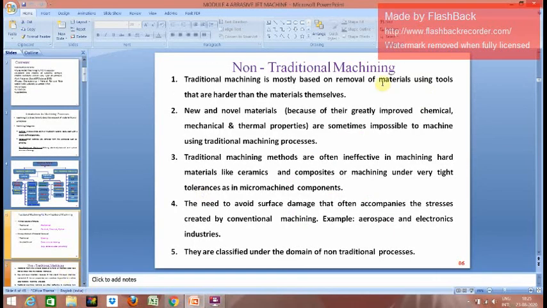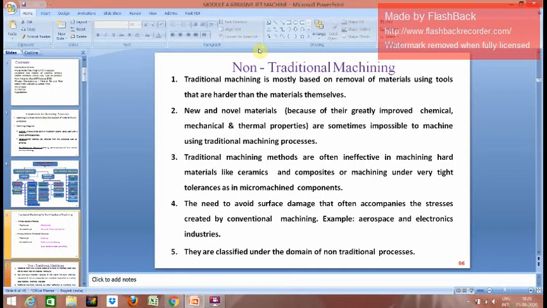What is this NTM? Because we are discussing AJM, you will be talking on the topic of non-traditional machining. Traditional machining is mostly based on the removal of materials using tools that are harder than the materials themselves. New and novel materials are sometimes impossible to machine using traditional processes like drilling, cutting, turning operations.